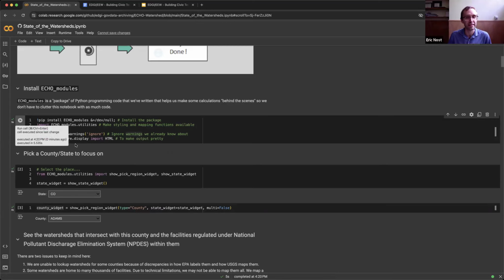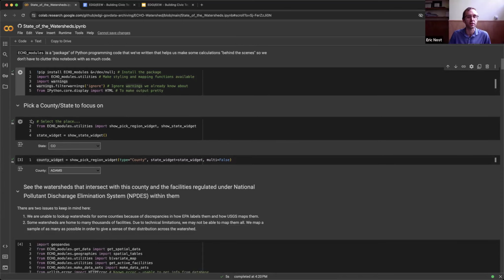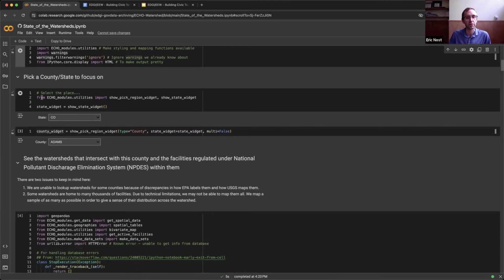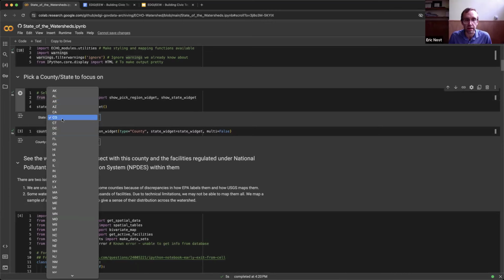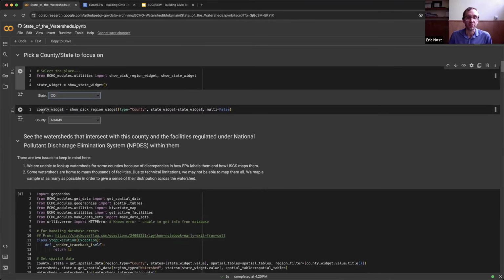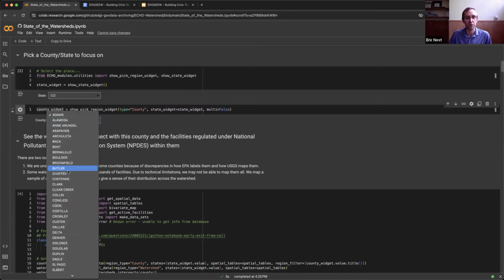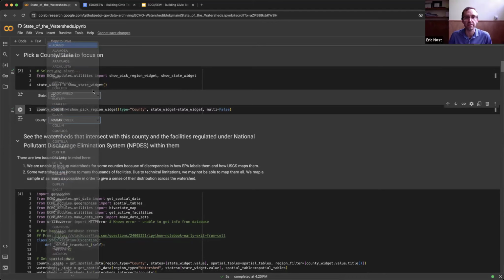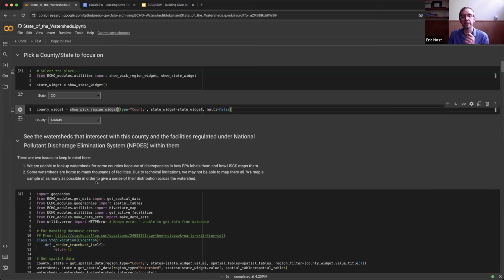It's spun around, and then you see this little check mark here that tells you it's done, and you're ready to move on to the next cell of code, where you'll have an option to choose which state you want to look at. Once you select that, you'll run the next code. That will give you a choice of which county in that state you want to look at. So here we've selected Adams County in Colorado.